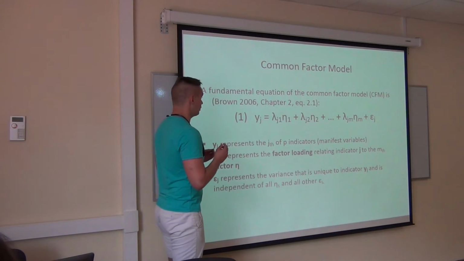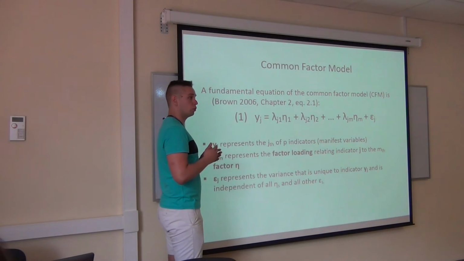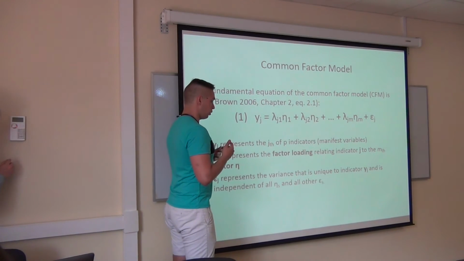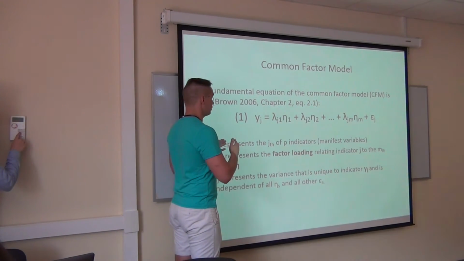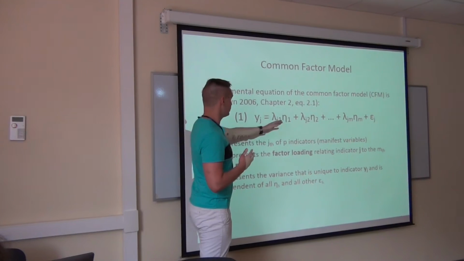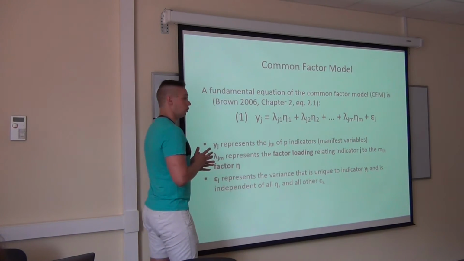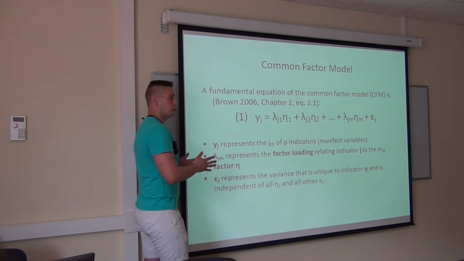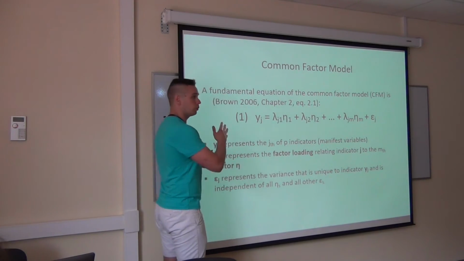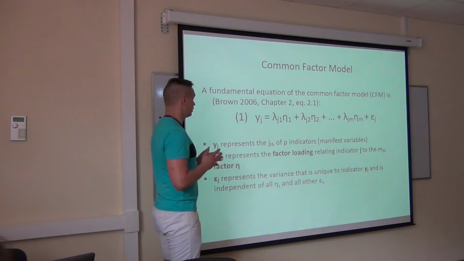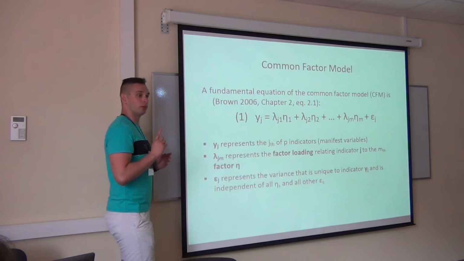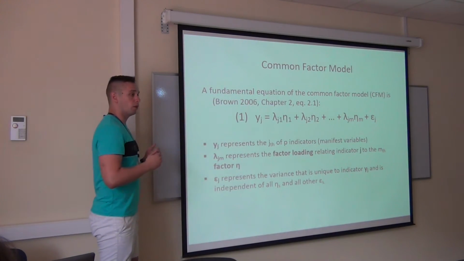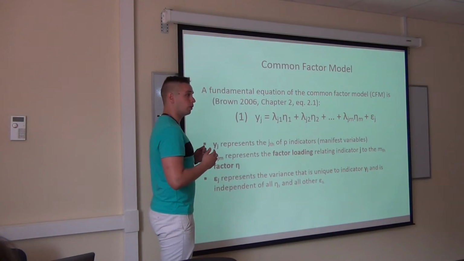So actually, in latent variable modeling, we try to relate observed indicators and latent variables using multivariate regression. The difference between regression and factor analysis is that we have only one dependent variable in any regression model, but in a factor model we have multiple.